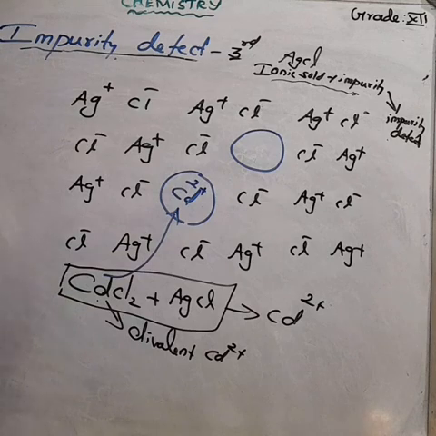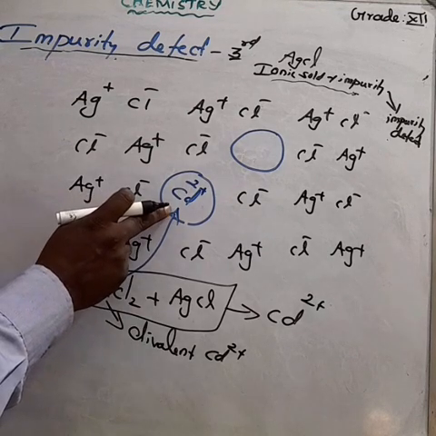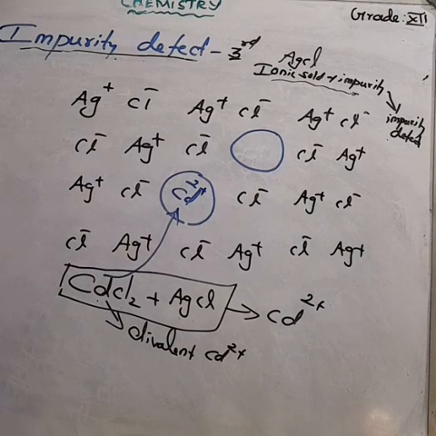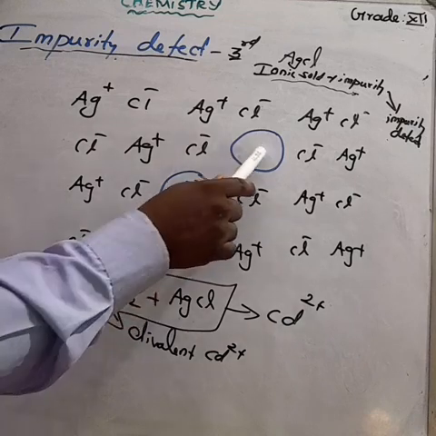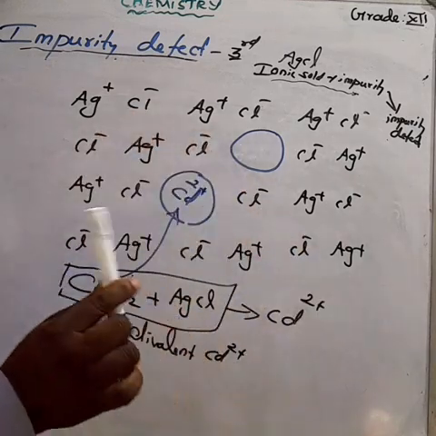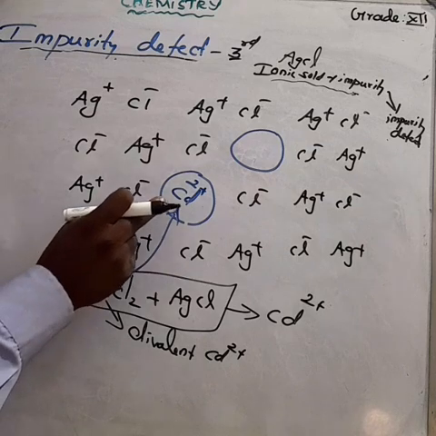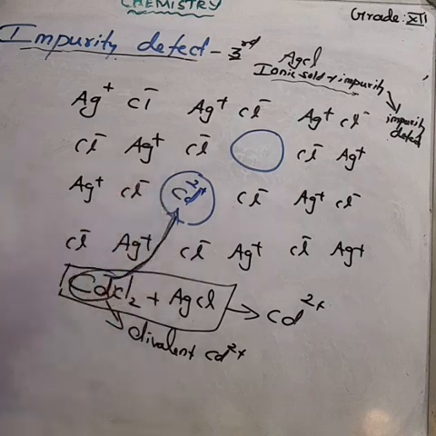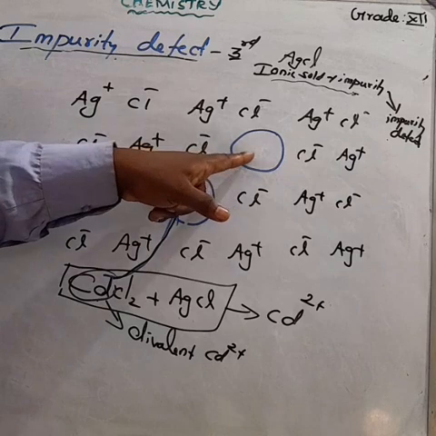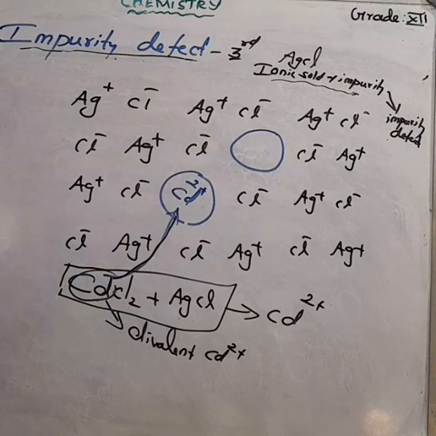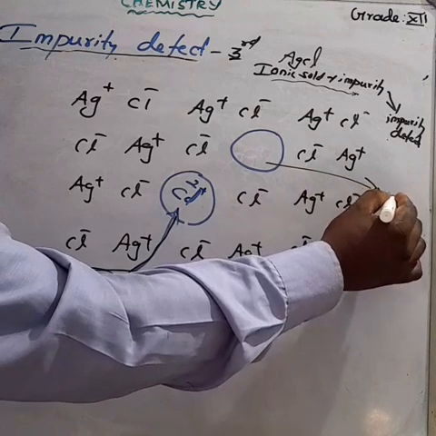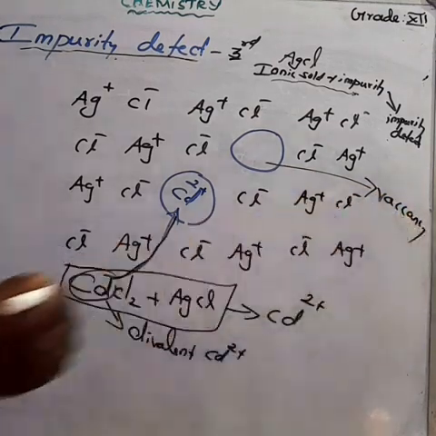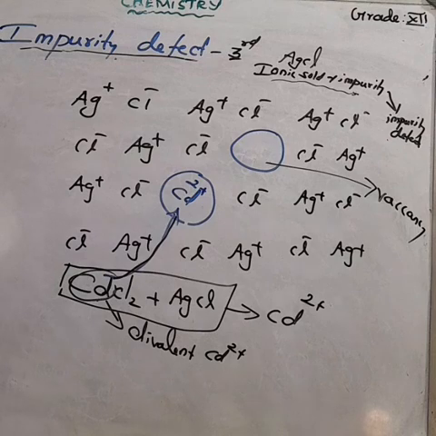That means if we add cadmium to the AgCl crystal lattice, 2 Ag+ ions leave the crystal lattice. Out of these two, one place is occupied by the Cd2+ ion. The remaining place becomes a cationic vacancy created in the lattice. This type of defect is called an impurity defect.